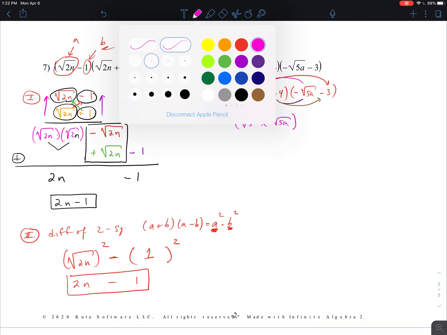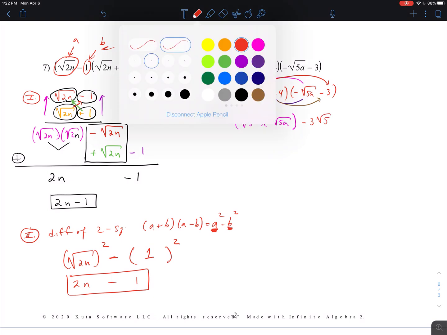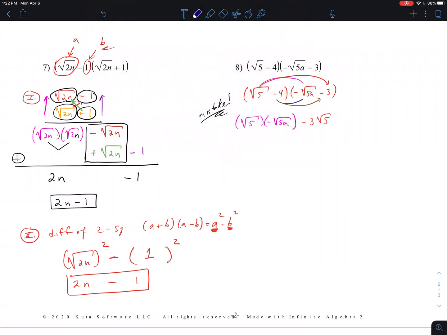Then we used red, and red was the minus 3 root 5, and then we used dark purple or blue, and that was positive 4 root 5a, right? Making sure. I'm so slow with this method. And then the brown was the plus 12.